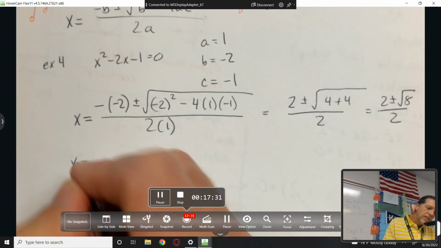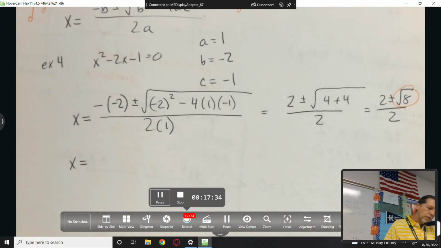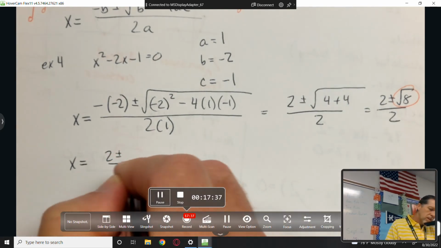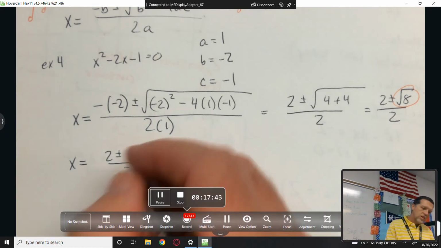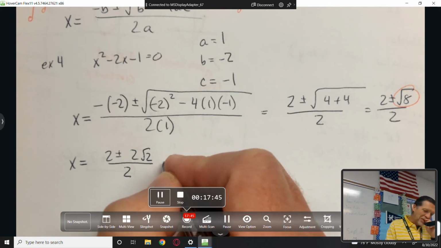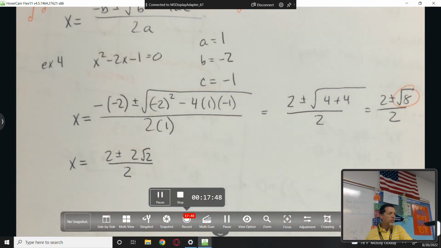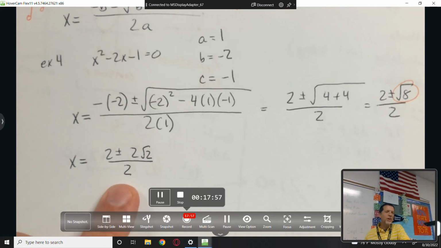Lots of simplifying. The square root of 8 becomes 2 root 2. Oh boy, we got 2's everywhere. Which of the 2's can simplify? Which one cannot be canceled?